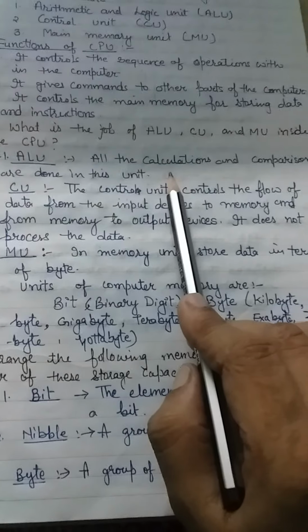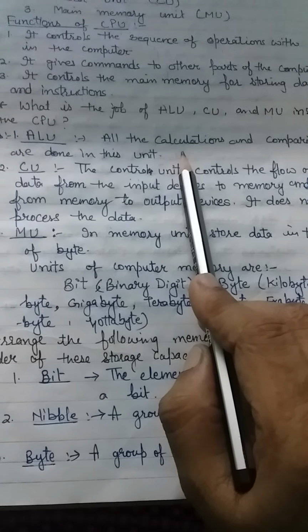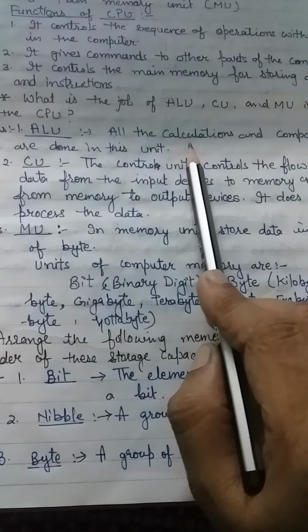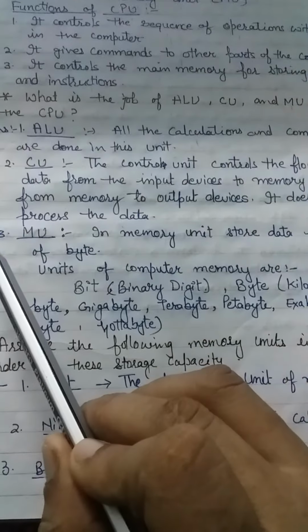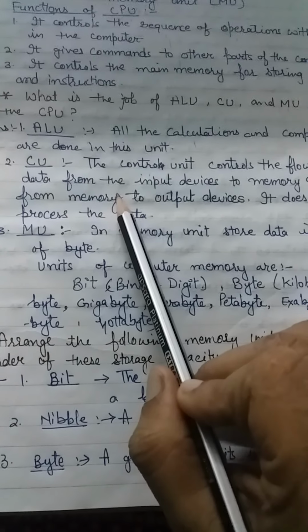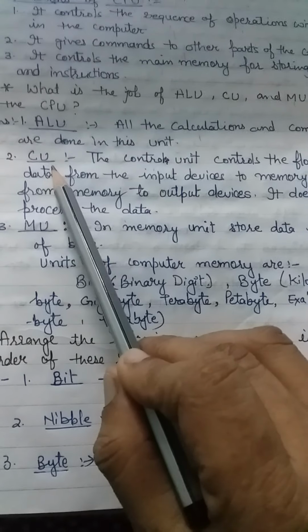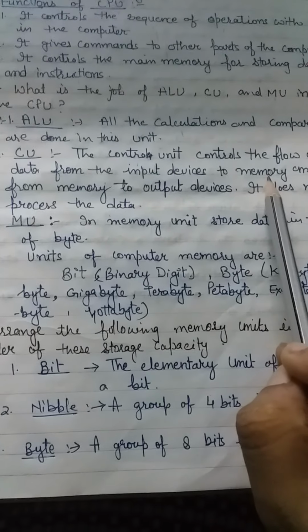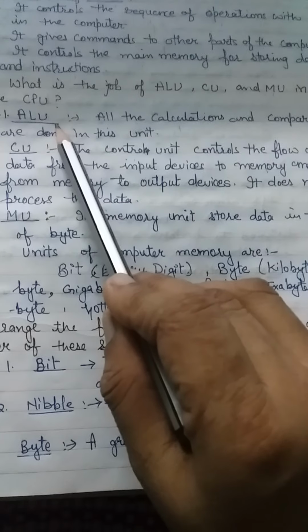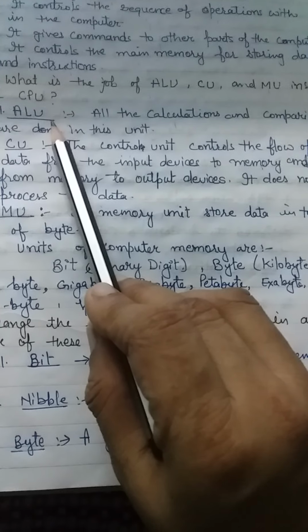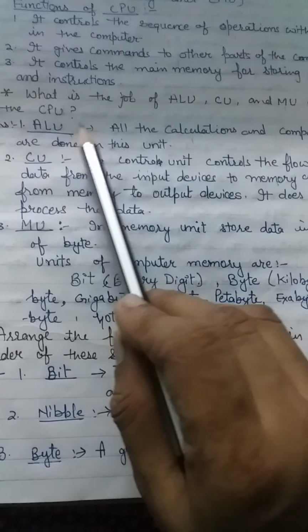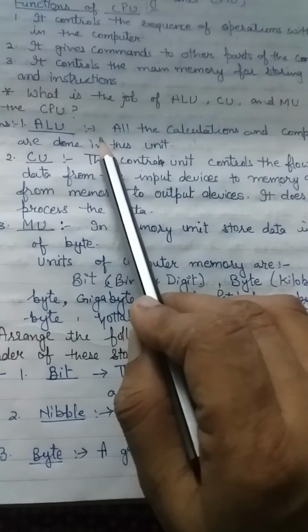The ALU performs all the calculation and comparison. First of all, from the input unit we give the information, or it sends the information to the computer, which comes to the CU, and the CU controls the flow of data and passes it to the ALU if any calculation is to be performed by the ALU.